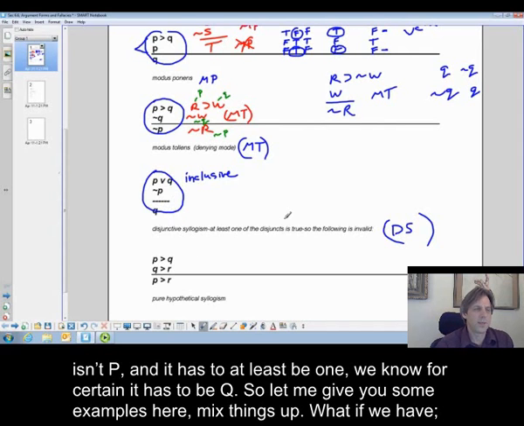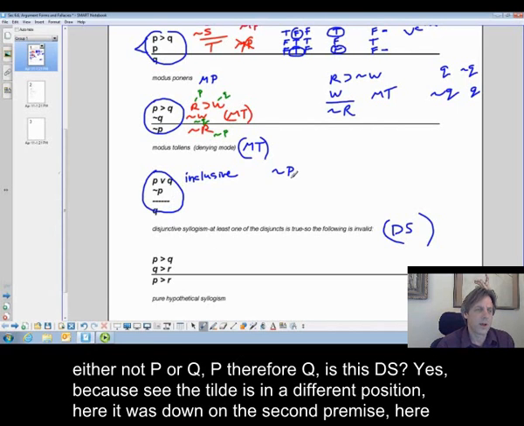Okay, so let me give you some examples here and mix things up. What if we had either not P or Q, P, therefore Q. Is this DS? Yes, because see, the tilde is in a different position.